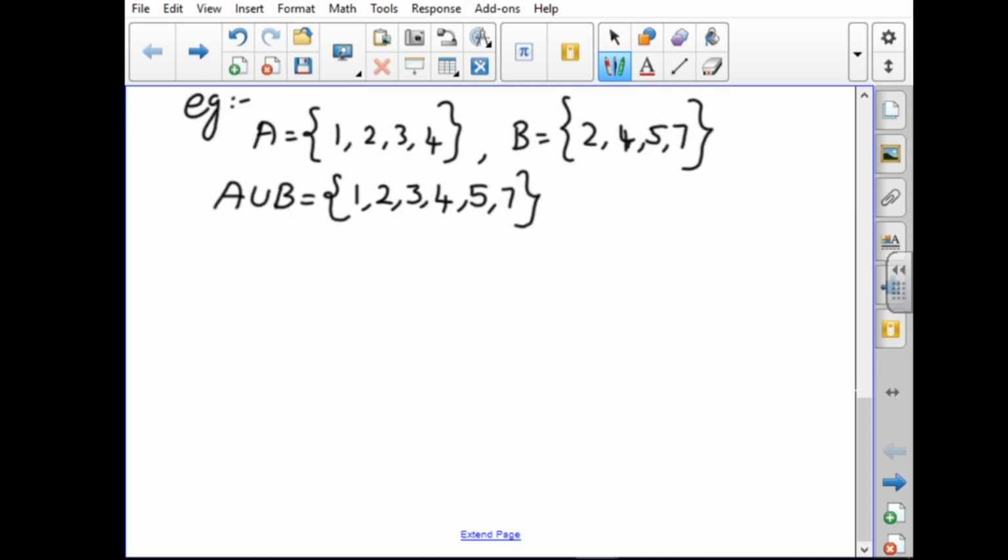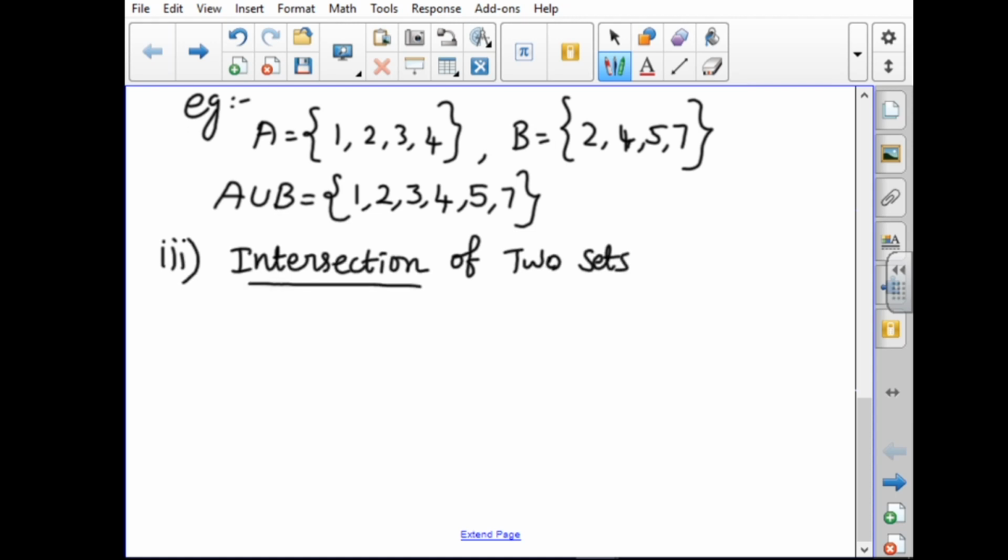Then third one, intersection of two sets.